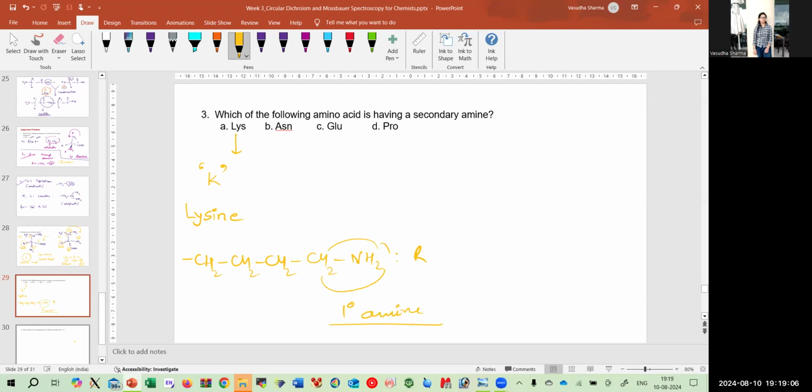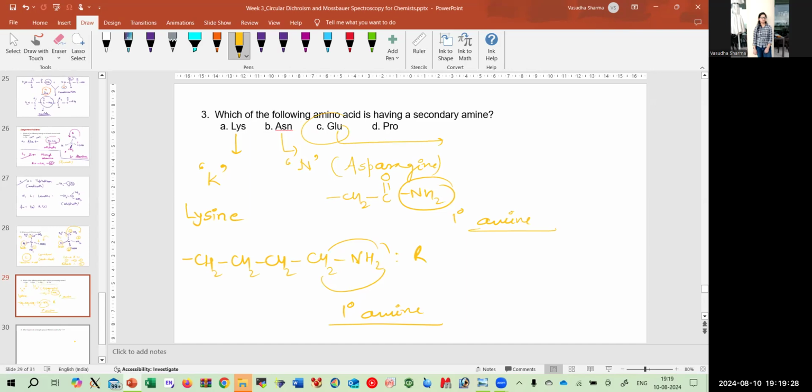This is not a secondary amine. Then we have ASN, which is N code, and it is asparagine. It's a polar amino acid having CH2, C double bond O, NH2. Again, this is a primary amine.